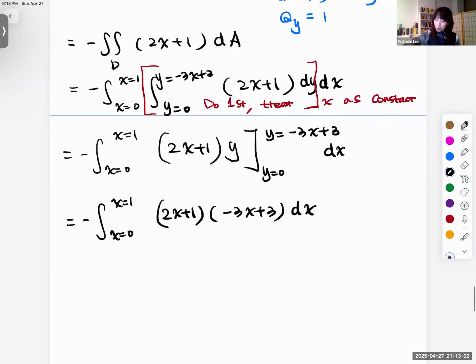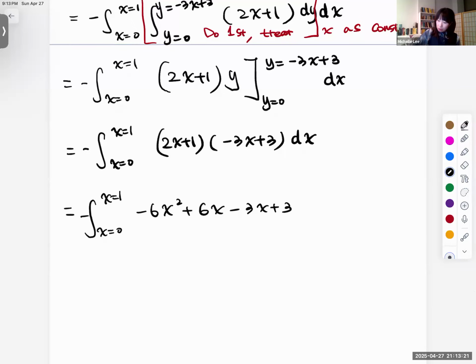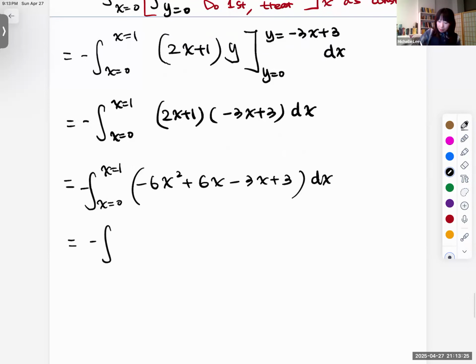Okay, we distribute. So we have negative 6x squared plus 6x minus 3x plus 3, so negative 6x squared plus 3x plus 3 dx.